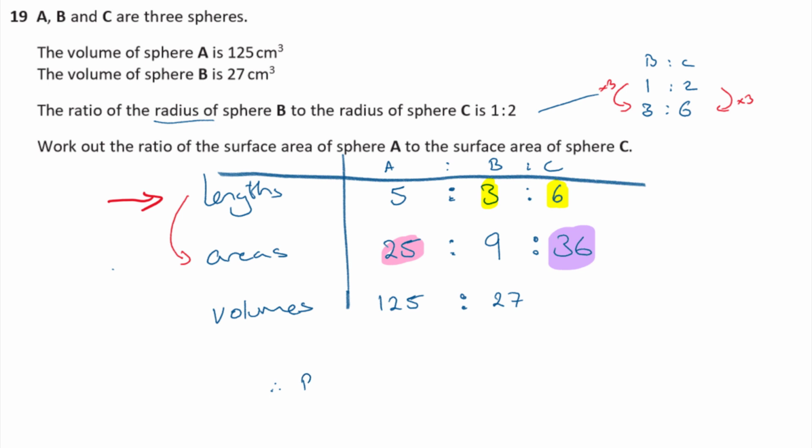So the ratio of surface area of A to C is 25 to 36. And I did all that without using any of the formulas for area or volume, just using facts about ratio of similar shapes.